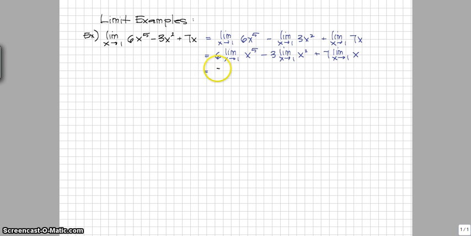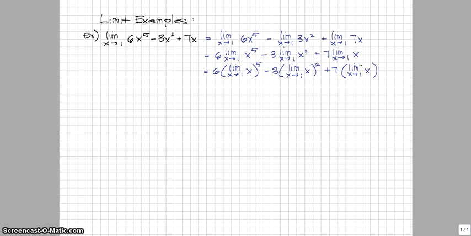So we're going to continue, and now we're going to have 6 times the limit as x approaches 1 of x, all raised to the 5th power, minus 3 times the limit as x approaches 1 of x raised to the 2nd power. And just for some continuity between all these things, we'll go with plus 7 and then the limit as x approaches 1 of x raised to the 1st power. We don't need to have that written down. All right.